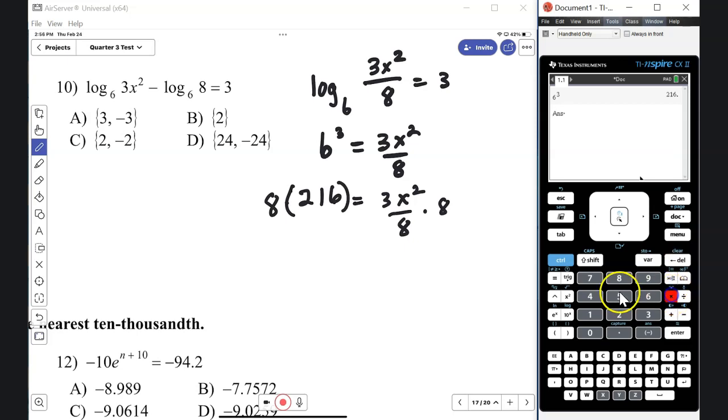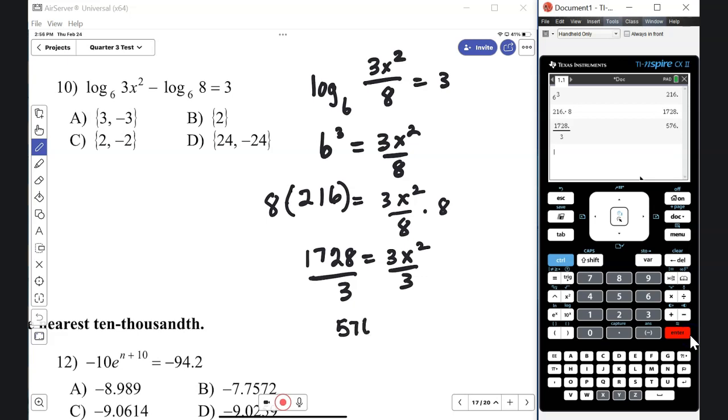So 216 times 8 gives you 1,728 equals 3x squared. We want to divide by 3. So 1728 divided by 3 gives you 576. And then what you want to do to both sides is get the square root of 576. So you get positive negative 24. The answer is D.